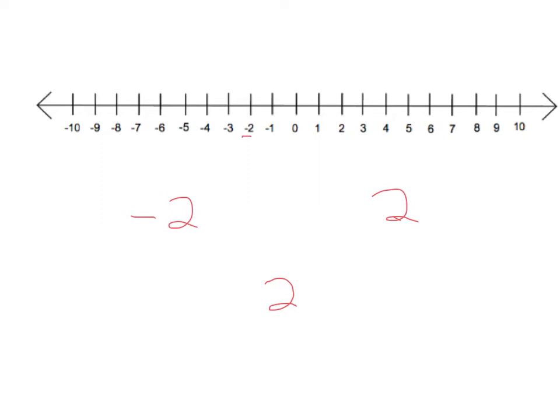So if we look at 2 and -2 on the number line and start at 0, it's 2 places to get to 2, but also 2 places to get to -2. When you're talking about absolute value, it's just the physical distance of the number from 0 on the number line.